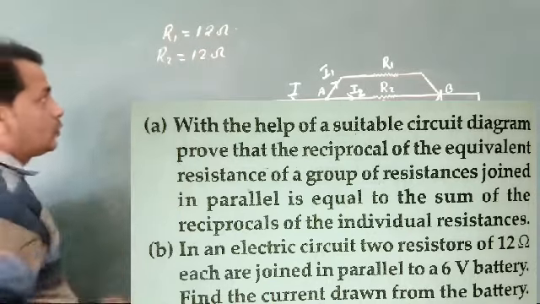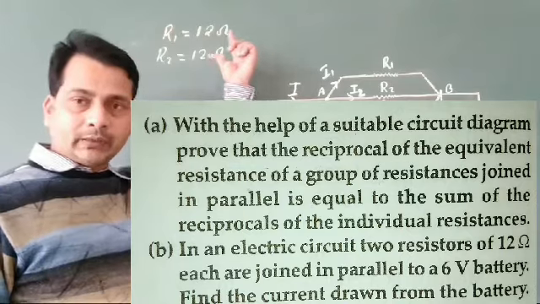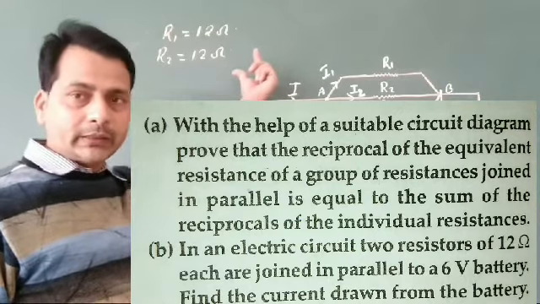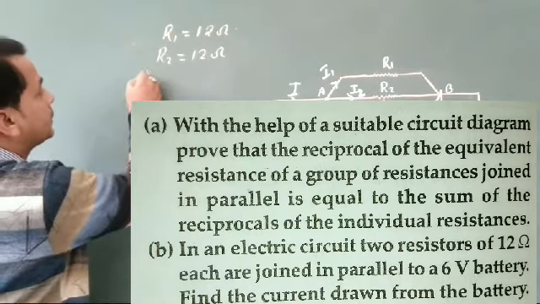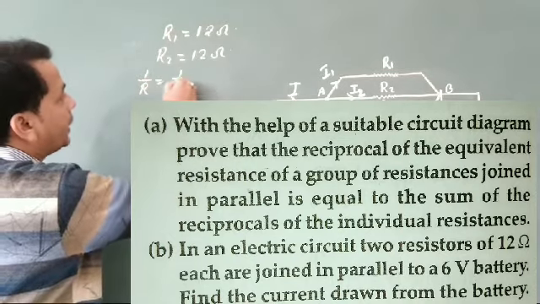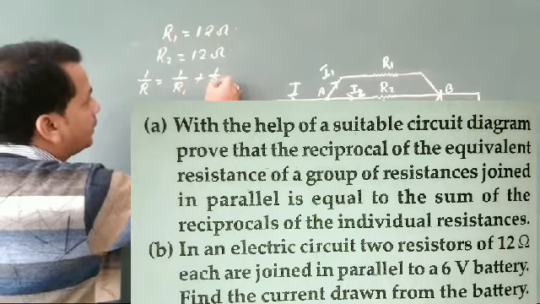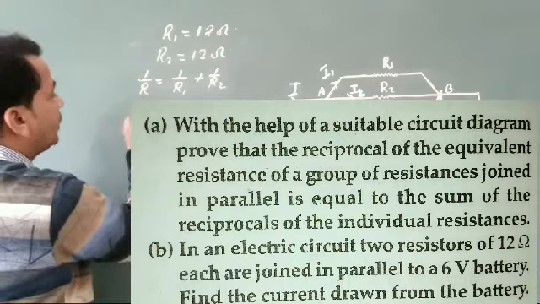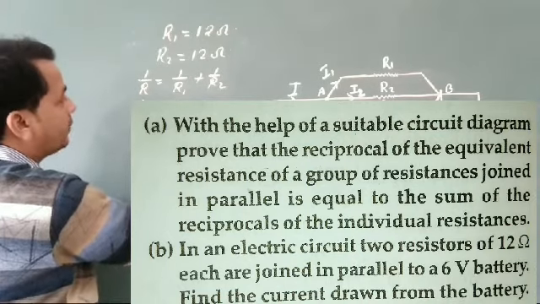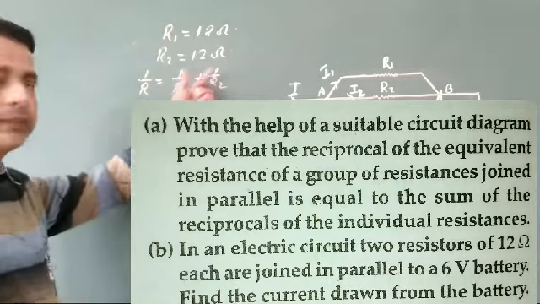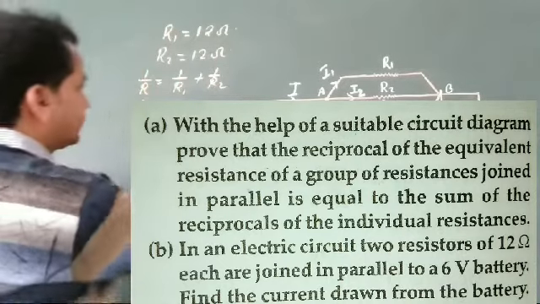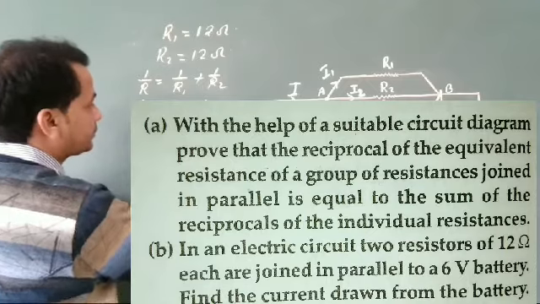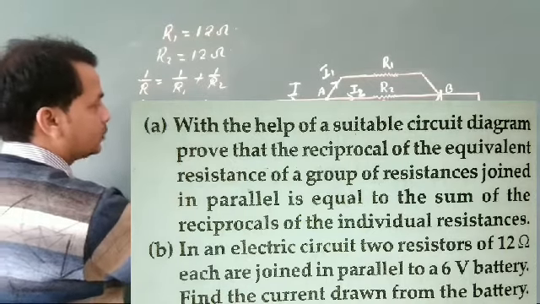So there are two resistors in a parallel combination. According to the parallel combination, the equivalent resistance is 1 by R equal to 1 by R1 plus 1 by R2. Here R1 is 12 ohm and the value of R2 is also 12 ohm, so 1 by R equal to 1 plus 1, that is 2 by 12.